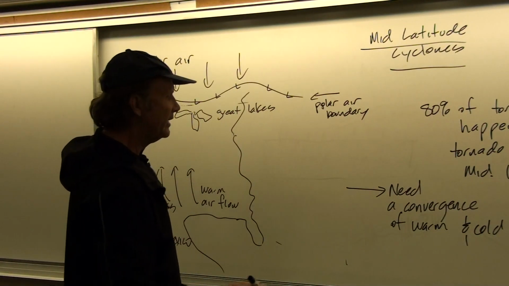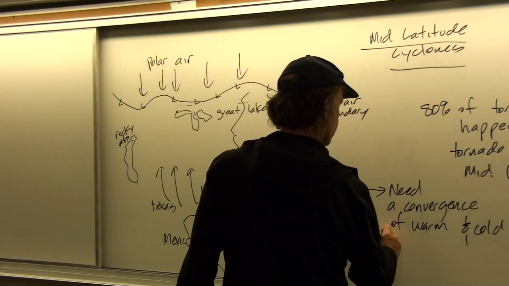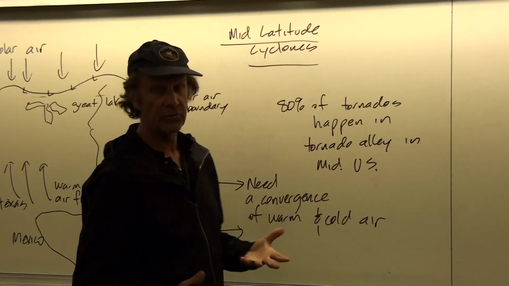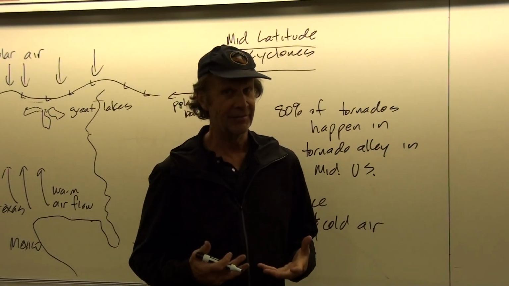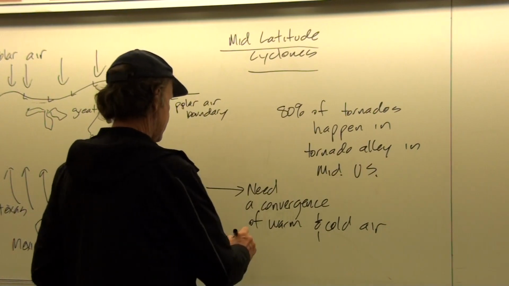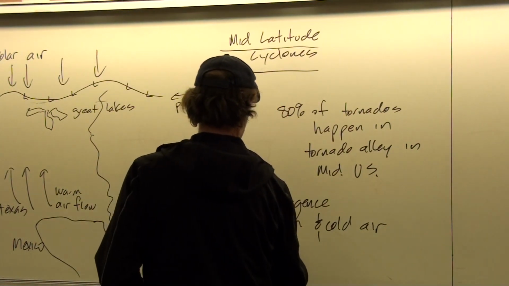And also, not only do you need a convergence of warm and cold air, you also need, if you want to make these storms have a significant punch to them, you need to have water in the air. So you need a source of water.